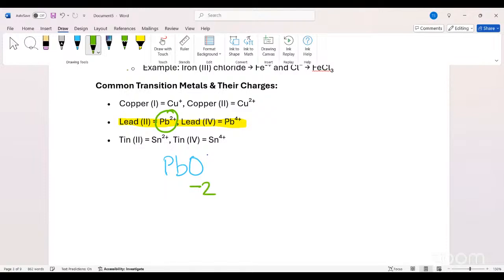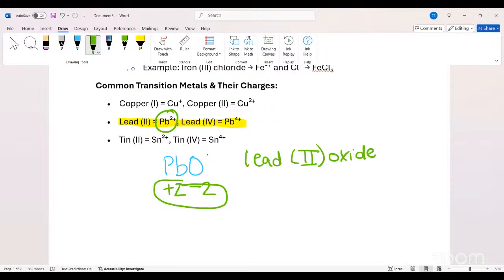I know that lead 2 has a positive 2, and because I don't see any numbers in the blue formula, that means the two 2's canceled out. So this name would have to be lead, Roman numeral 2, oxide. You just can't say lead oxide. You have to identify the charge. You've got to identify who you are, what you are. Lead 2 oxide. If you just say lead oxide, I don't know if you're saying Roman numeral 2 or Roman numeral 4. You've got to identify it.